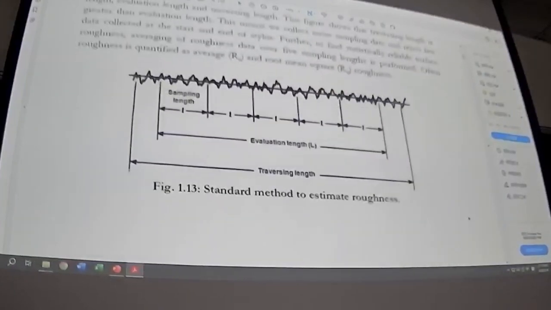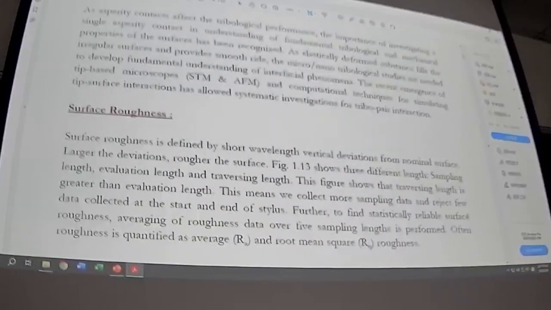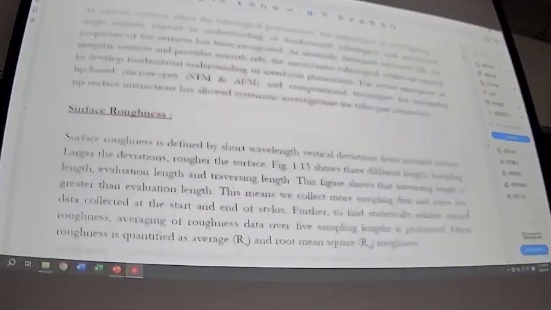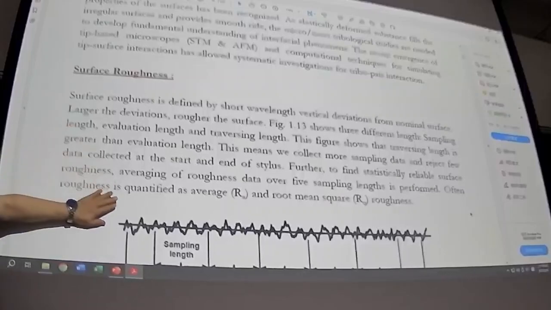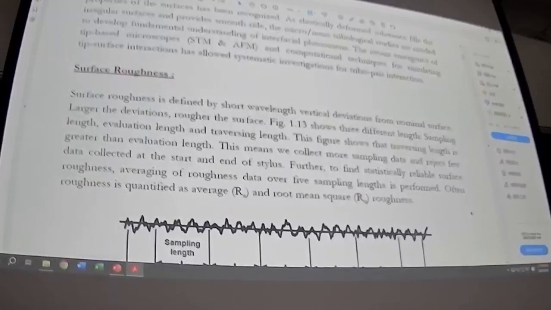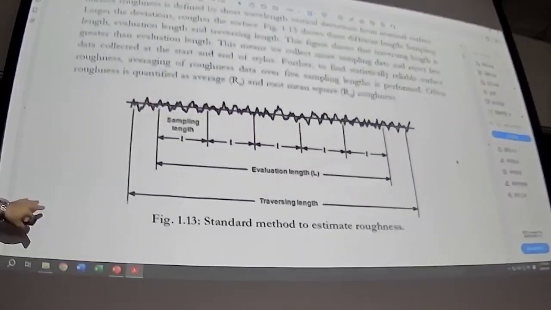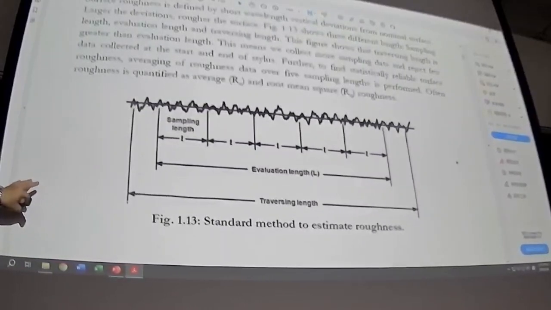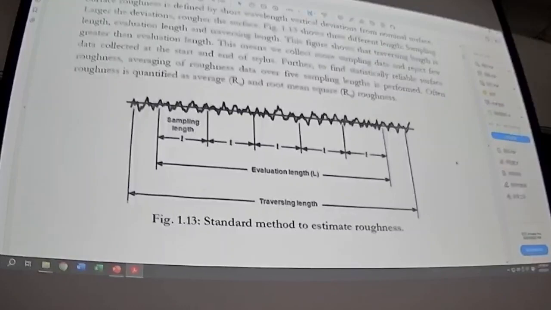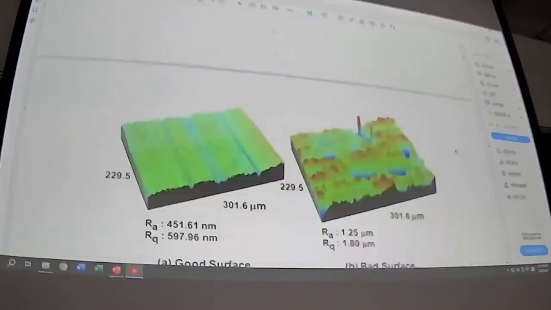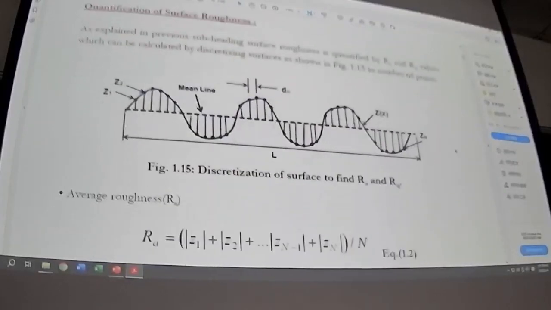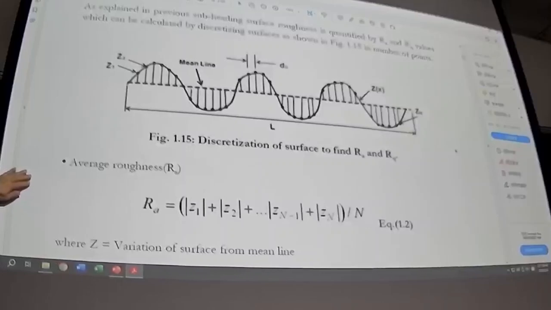Then we need to know the surface roughness for each of the contacting surfaces. For instance, we have different definitions for the surface roughness. We have an average surface roughness. This is the average one.